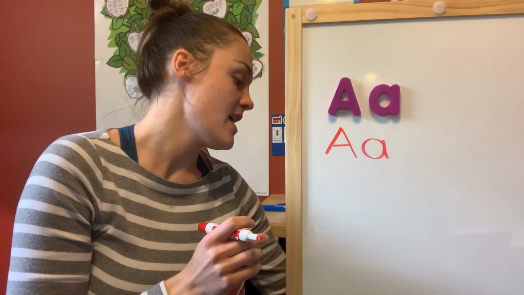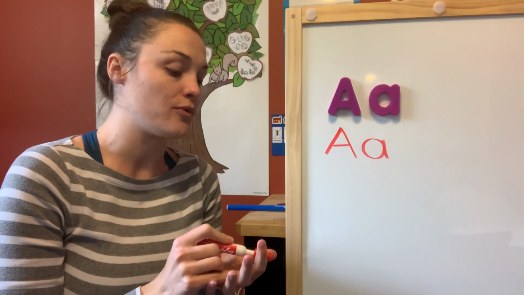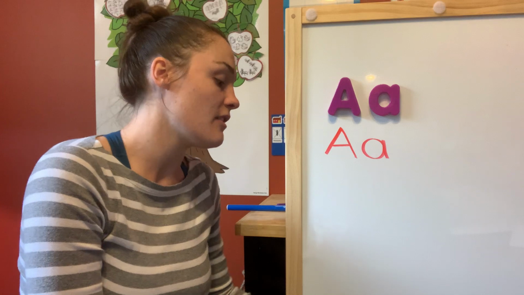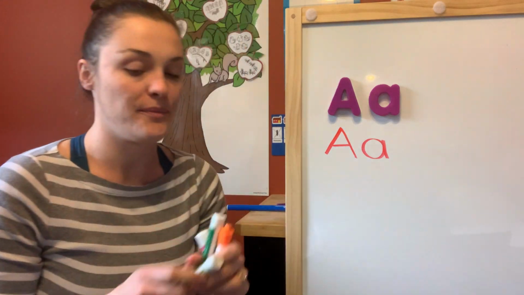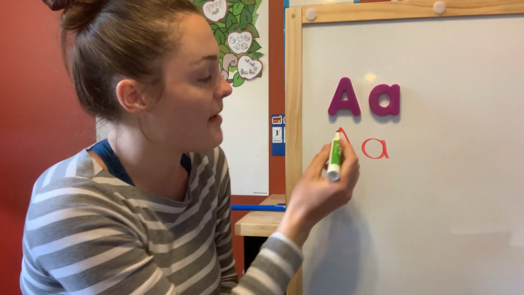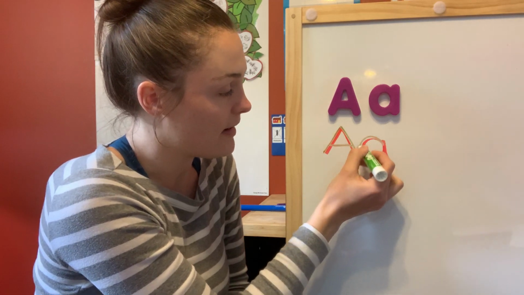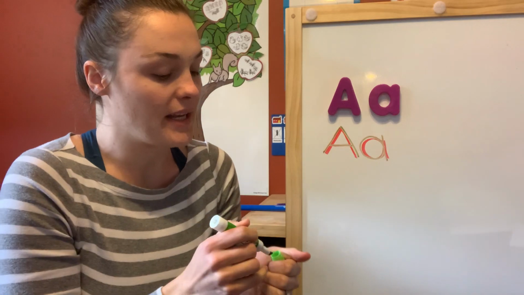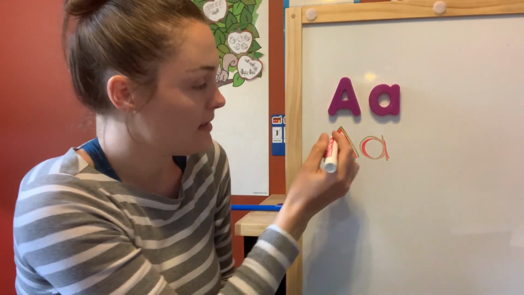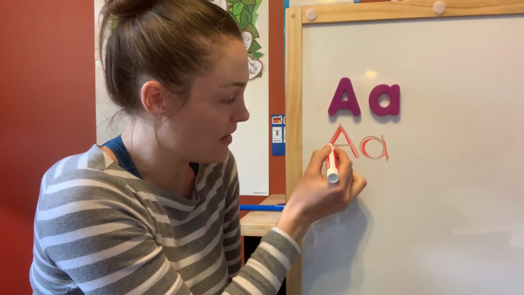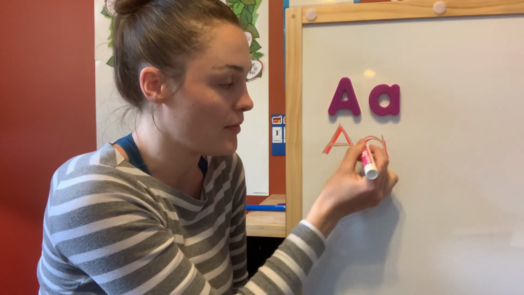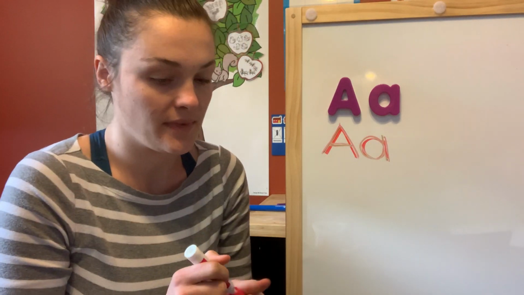So I'm gonna go ahead and write it again. I can rainbow write letter A with all of my colored markers that I have. So I'll rainbow write it again. Slant, slant, across, around and close, down. So uppercase A, slant, slant, across, and lowercase a, around and close, down.